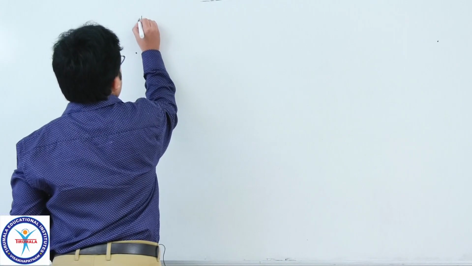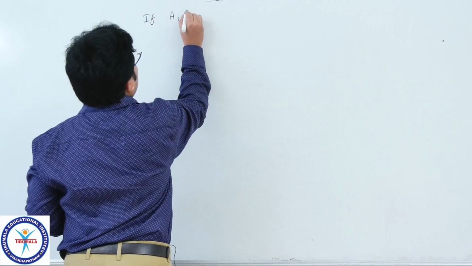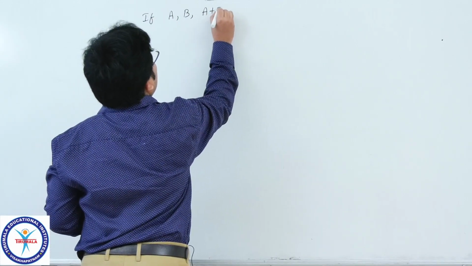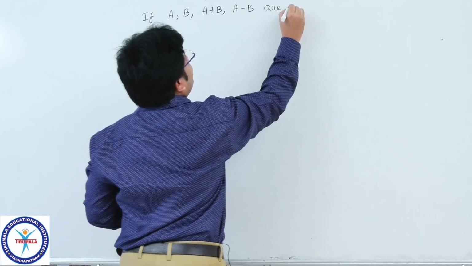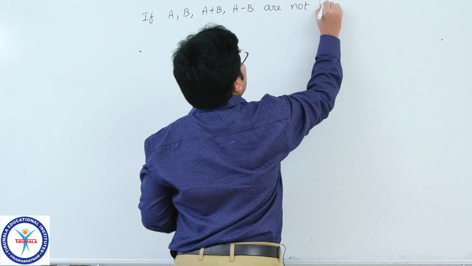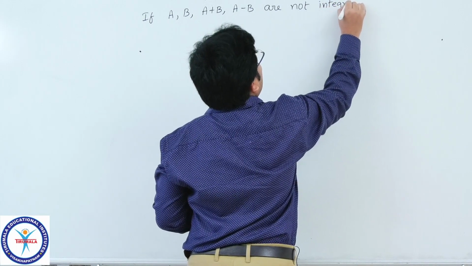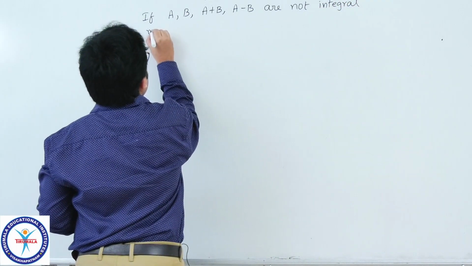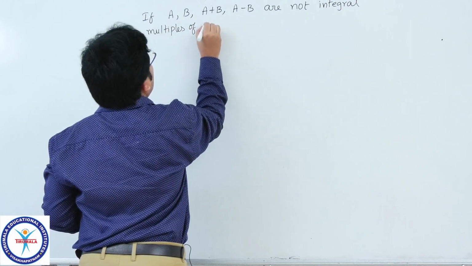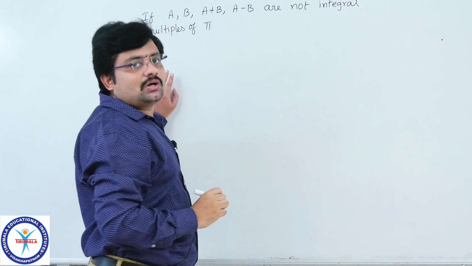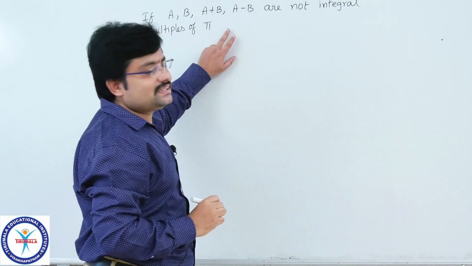Now, let us derive the formula for cot(A+B) and cot(A−B). Here A+B and A−B should not be integral multiples of pi, because at these values the value is not defined, that is why we should not take these values.